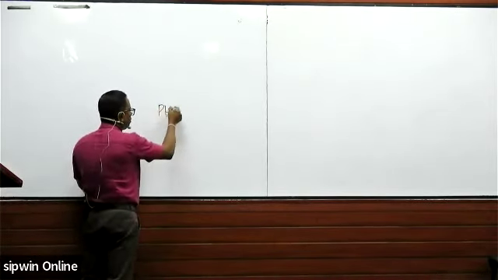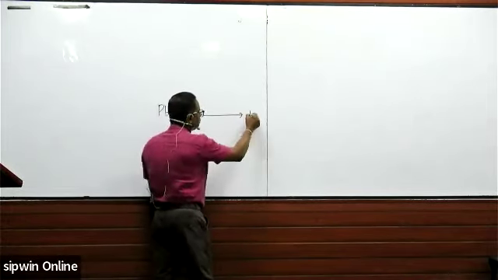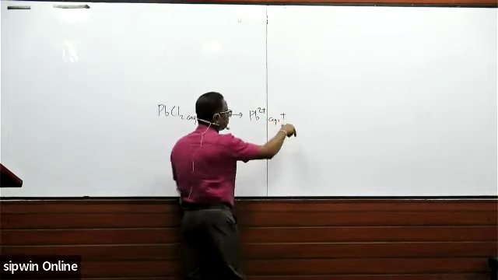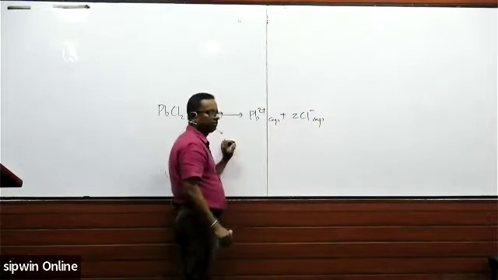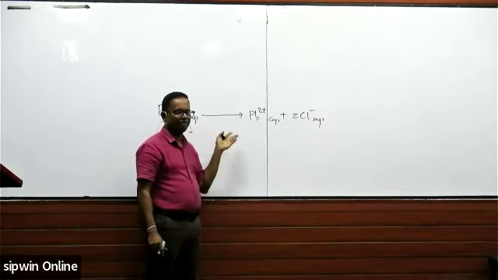Lead chloride, aqueous; lead 2 plus, aqueous; 2Cl minus, aqueous. Then I make a one-way arrow.